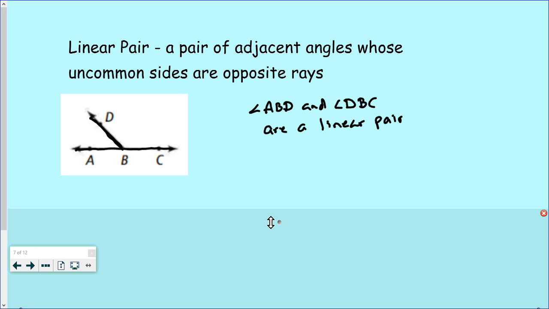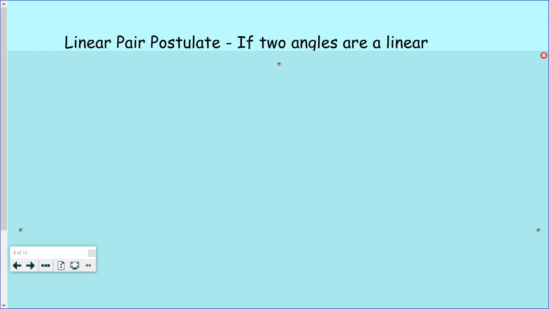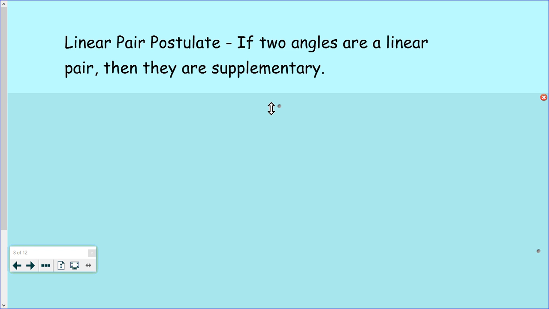Now, linear pairs and vertical angles are very important to us. They give us information without having any markings. Vertical angles are always congruent. If two angles are a linear pair, then they are supplementary to each other. Remember, supplementary means they add to equal 180 degrees.